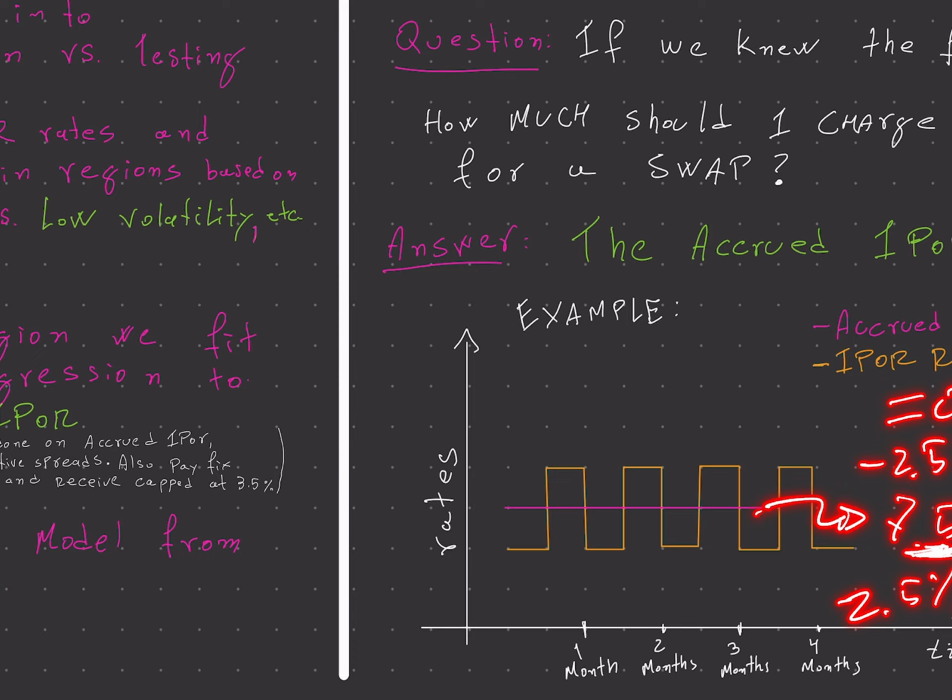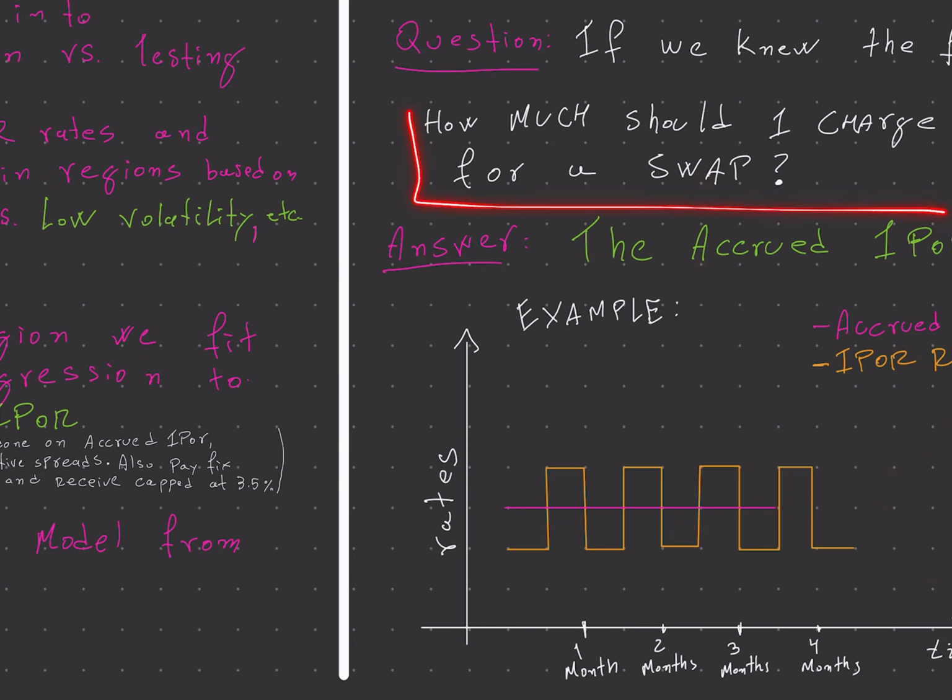In this case, the payoff of the contract would be different from 0, which wouldn't be fair if we knew 100% block by block what the IPOR rate was going to be for the next 4 weeks. Because of this calculation, the accrued IPOR is the answer to this question: if I knew the future, how much should I charge for the contract? The answer is the accrued IPOR, because otherwise the payoff is not 0.